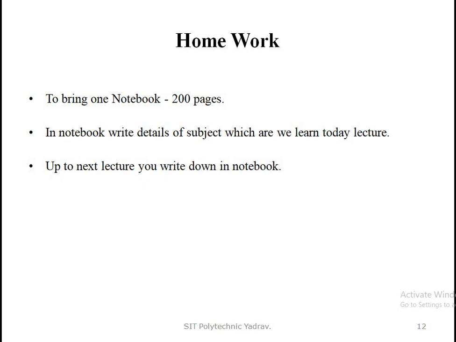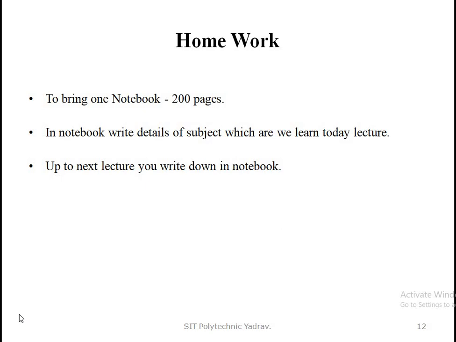In the notebook, write details of the subject which we learned in today's lecture. Meaning your subject name, your subject code, your marking system. After that your CO. After that your syllabus. It is the basic information about the subject that you must learn, so it is important.